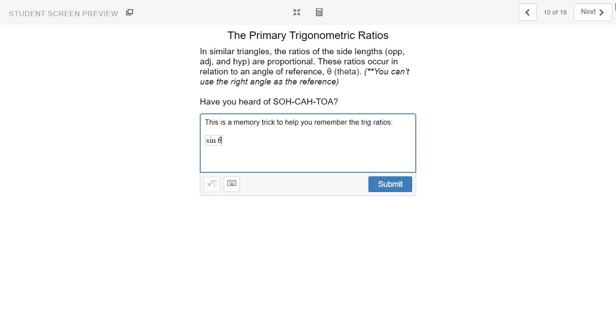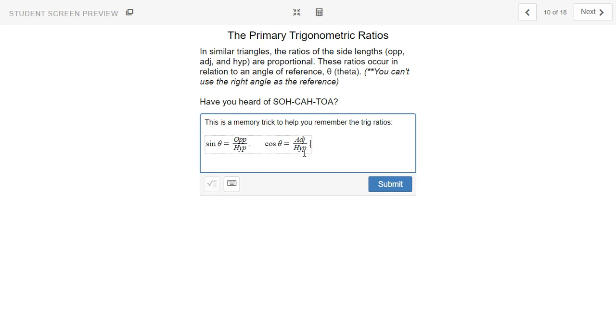So first of all, we have sine theta, so sine of an angle is equal to opposite over hypotenuse. So first I have S for sine, O for opposite, and H for hypotenuse. My second primary ratio is cosine. So cosine of theta is equal to adjacent over hypotenuse.